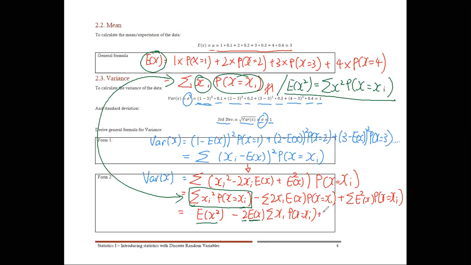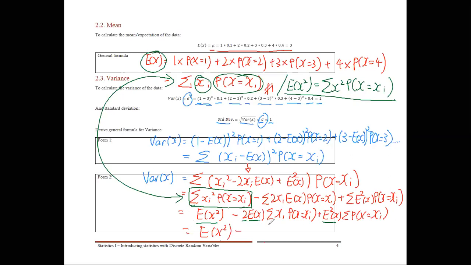Plus, going to do the same, we can take out the E squared(x) times the sum of p(x) where x equals xi. Again, we can take out the E squared(x) because it is a constant. So with that, E(x squared) minus away.